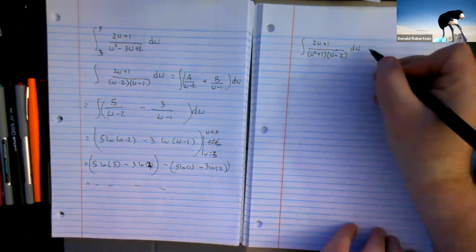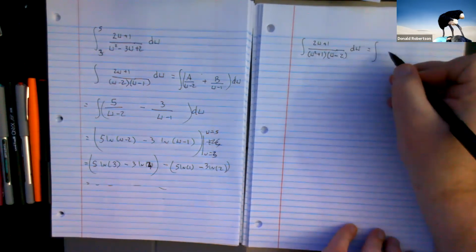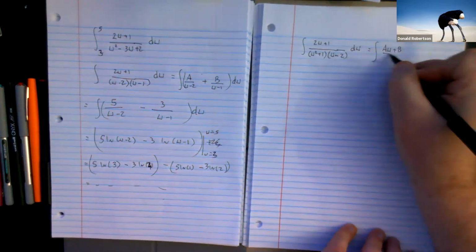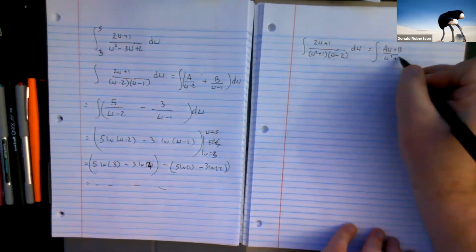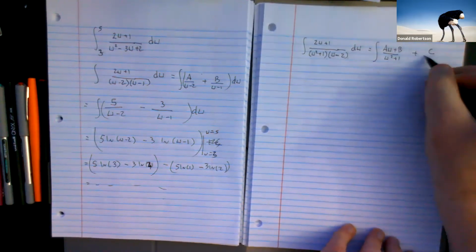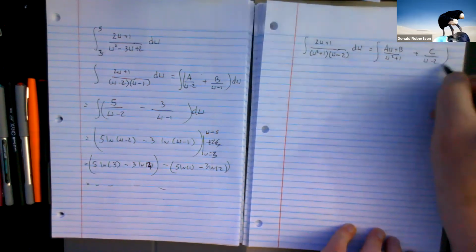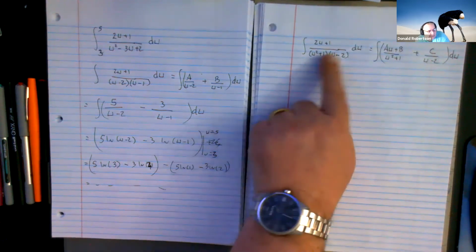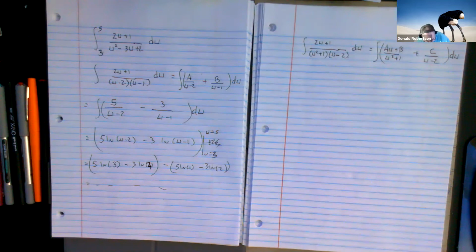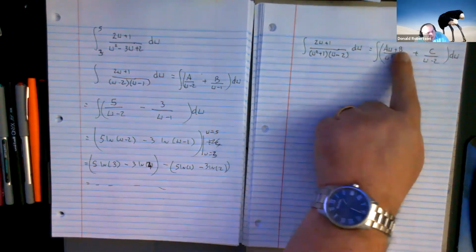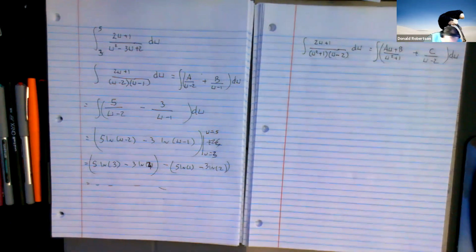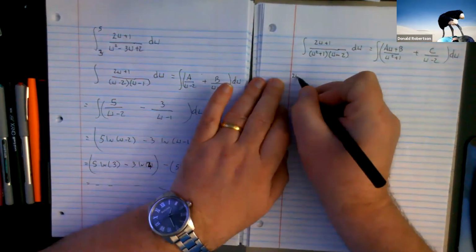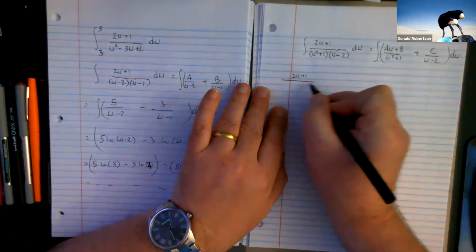If you want to do this fella, it splits as AU plus B over U squared plus 1 plus C over U minus 2. Are we all comfortable about how to split them into their partial fractions? The U squared gets 2 terms, the linear just gets a C. But then things get quite complicated and messy for a while.